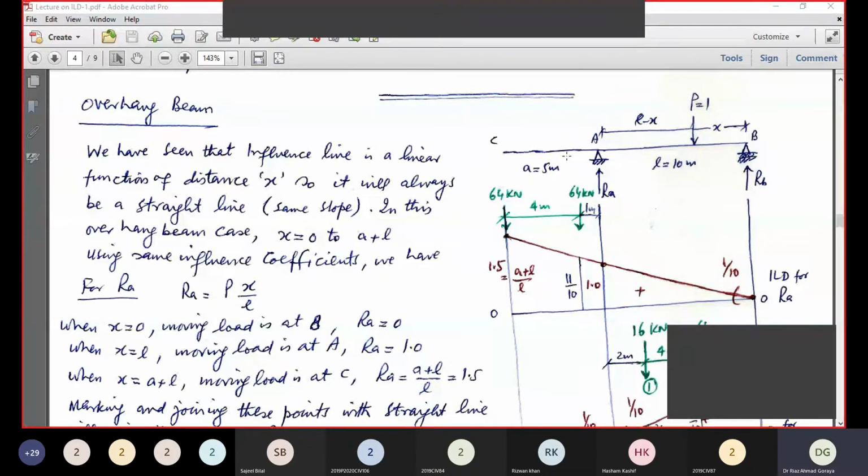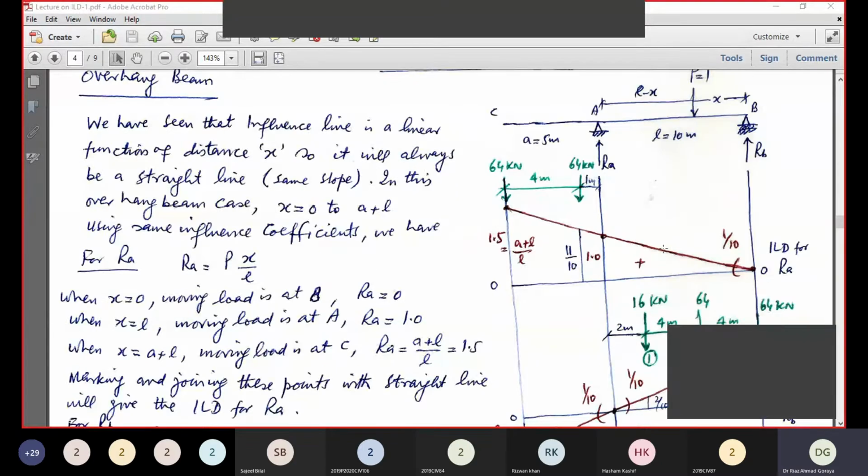Now the purpose of teaching this overhang beam is that the slope of this influence line will not change. It will go straight. So this ILD for RA between A and B is exactly the same what we have drawn in case of simple beam.